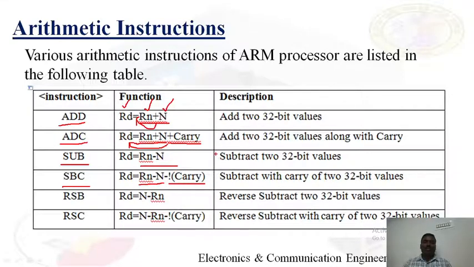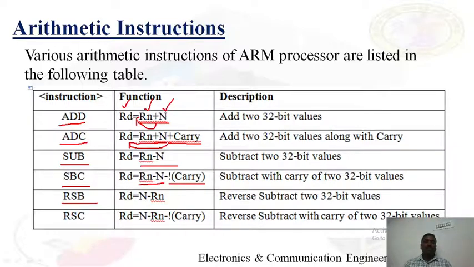As we have seen in the previous microcontrollers and processors, 8051 and 8086, there the carry status in the flag register is directly subtracted. Here it is different in the ARM instruction set: the complement value of carry is subtracted.